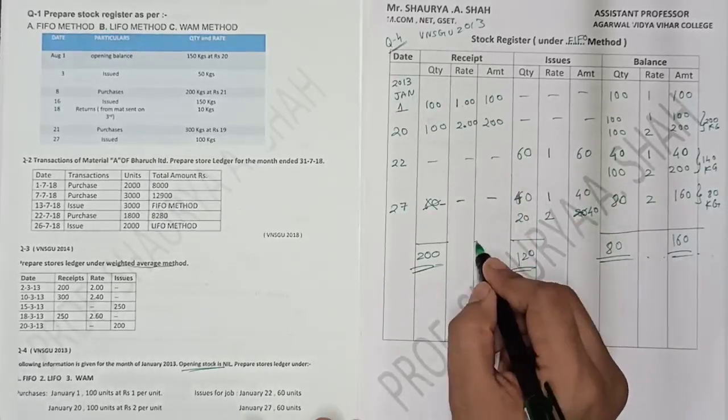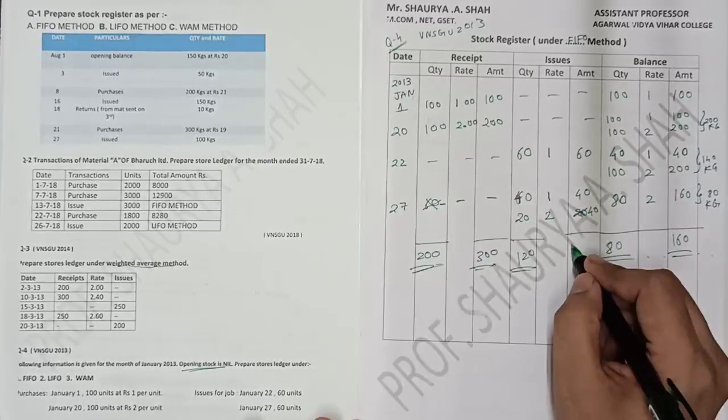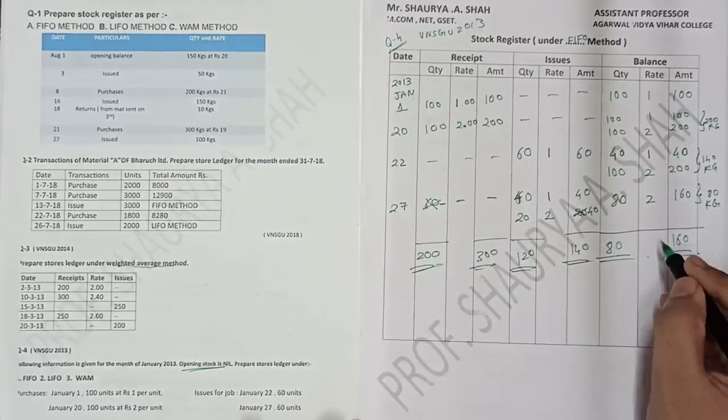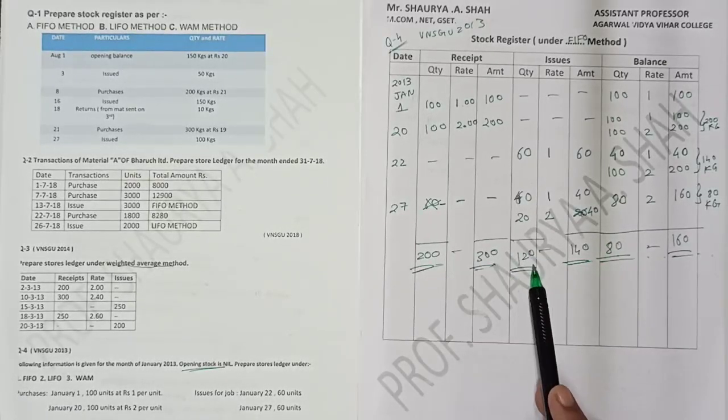Quickly, 60 plus 40 plus 140 is 300. So I am getting totals of 200, 300, 120, 140, 80 and 160. I suppose it is very easy, students, and you can do it quickly. No time is needed if your concepts are clear.